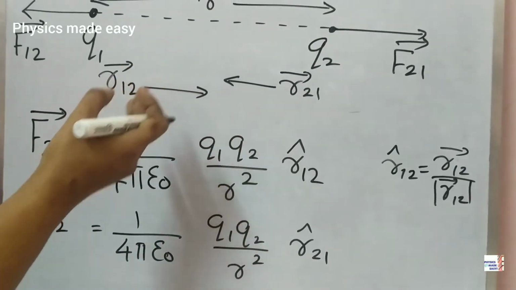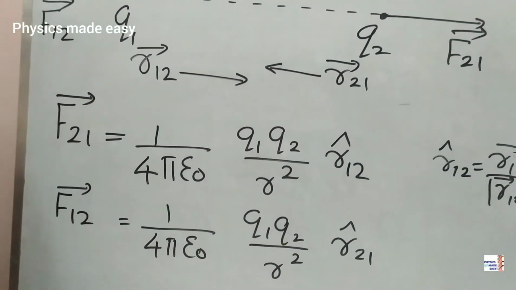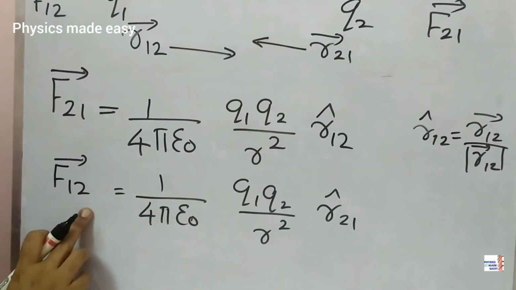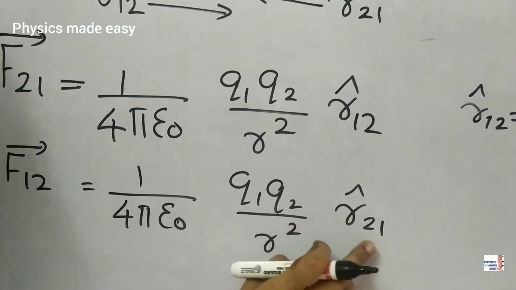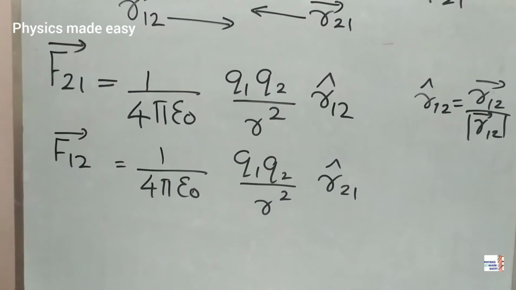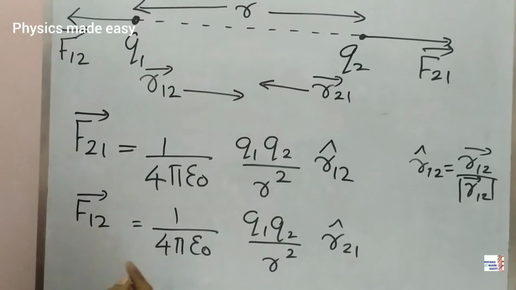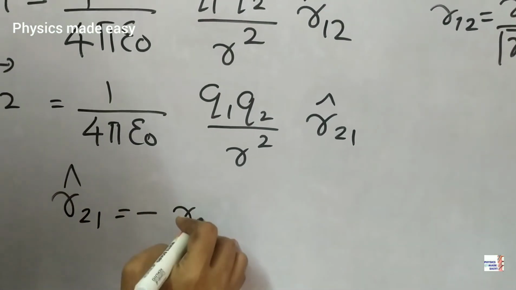Next one we can consider the force applied on the first charge q1 by this charge q2. How can we write F12 equal to 1 by 4 pi epsilon 0 q1 q2 divided by r square, unit vector r21. This way we can write Coulomb's law in vector form. You know r21 unit vector is equal to minus r12.